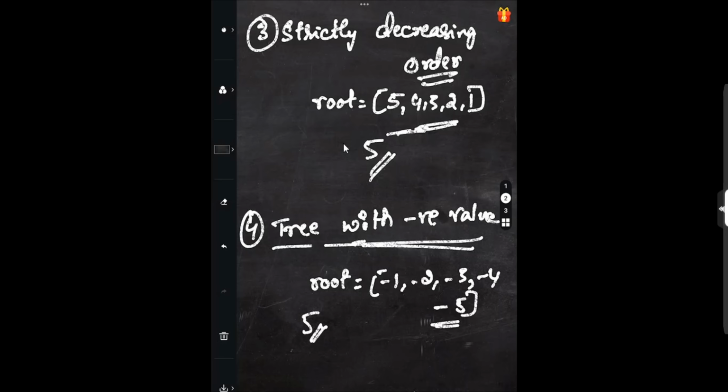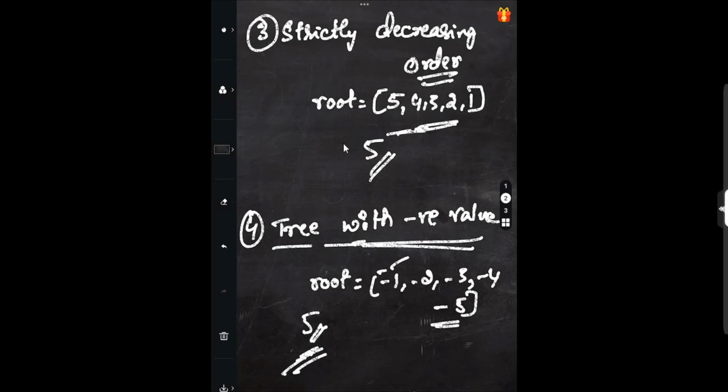Output will be 5 here. Why is the output 5? Because even if the values are negative, we'll be checking based on the maximum value that has been present in the path. Maximum value is this one, -1. So even if the values are negative, we are checking based on the maximum value in the path. So the output will be quite obviously 5 here in this case.